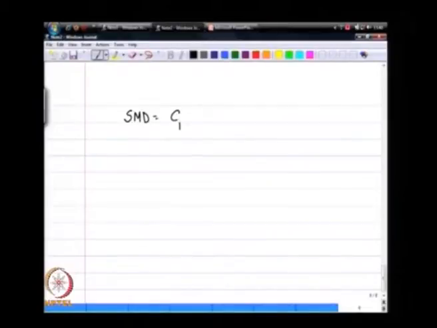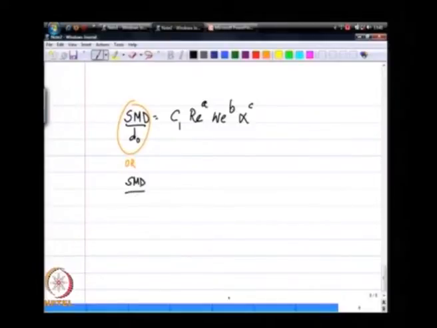So, SMD I can write down a correlation of the form SMD over D0, or SMD over T, the film thickness, so I can either choose this, equals C1 times Re power A times Weber number power B alpha power C. One of the biggest advantages of writing this down is that this would be dimensionally correct.